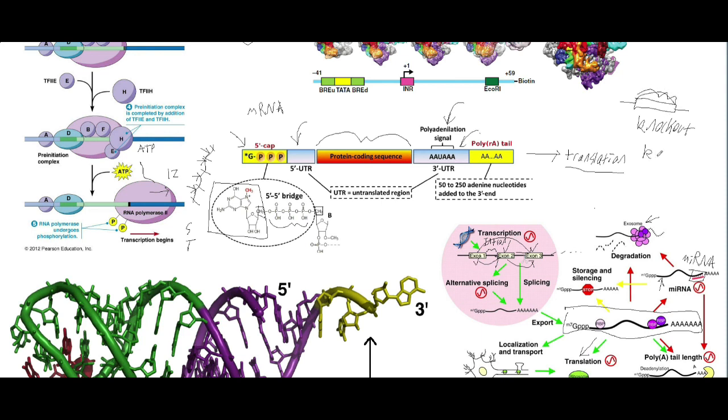But we can also have a knockdown, which is adding microRNAs that are specific, hopefully, for a particular mRNA that codes for a particular protein.